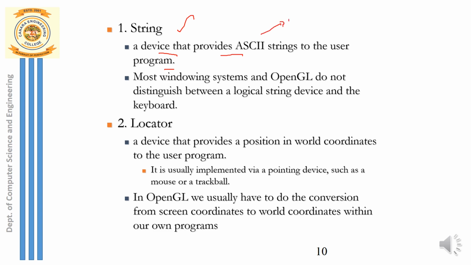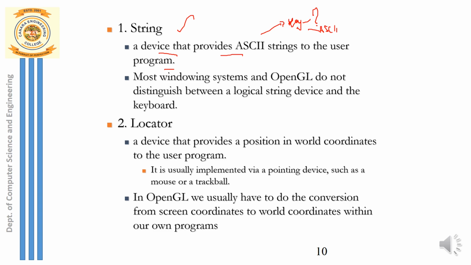Whenever I press a particular key on the keyboard, the value it returns to me is which key has been pressed, the alphabet, the number or a functional key, and the corresponding ASCII value is returned. So the character and the corresponding ASCII code is returned as a value. Based on that, you can say this is a logical input device. This is one of the behaviors of the device.